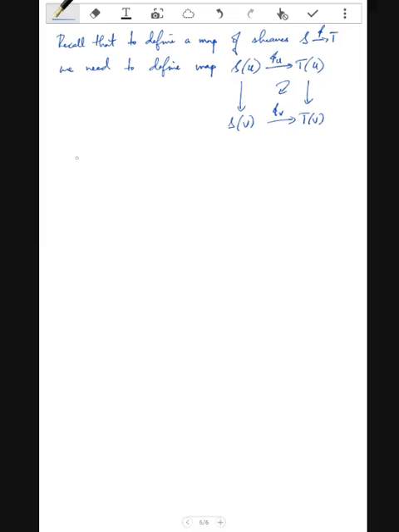So it is clear that T sub u satisfies this condition.